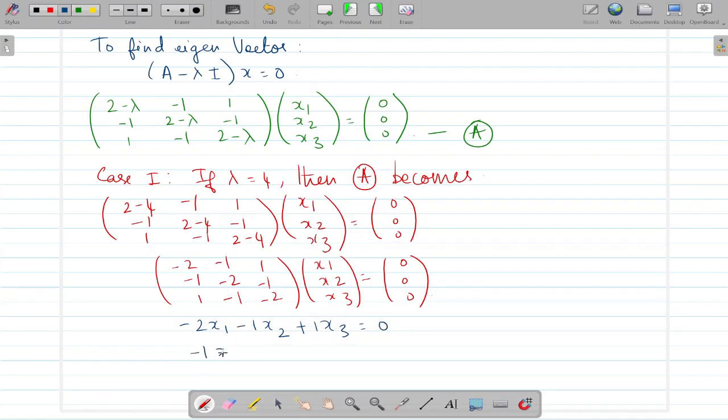First element with x1, second element with x2, third element with x3. Then again first element with x1, second element with x2, third element with x3. So let me name these equations 1, 2, 3.